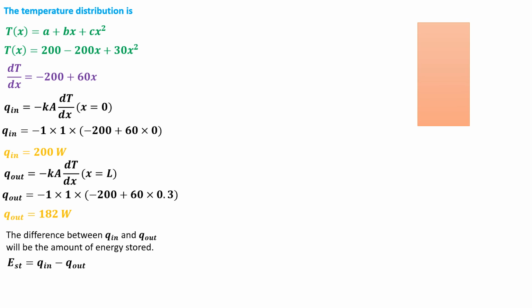So the difference between Q in and Q out will be the amount of energy stored within the wall, and it comes out to be 18 watt. The wall is storing 18 watt of energy. Out of 200 watt of energy, 18 watt is stored by the wall, and 182 watt is sent out from the wall.